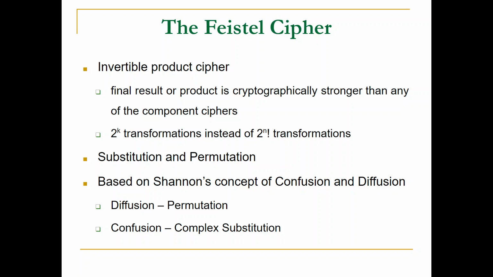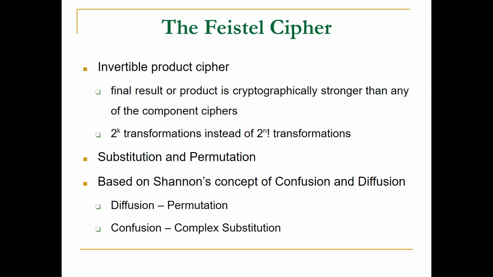The idea is that the final result of the product is cryptographically stronger than any of the component ciphers. Here we require only 2^k transformations instead of 2^n factorial transformations in the ideal block cipher. The Feistel cipher also uses substitution and permutation techniques.